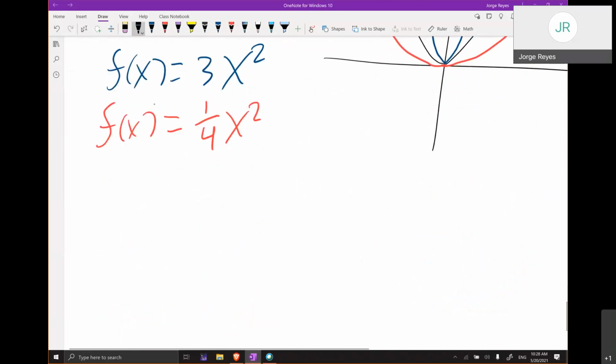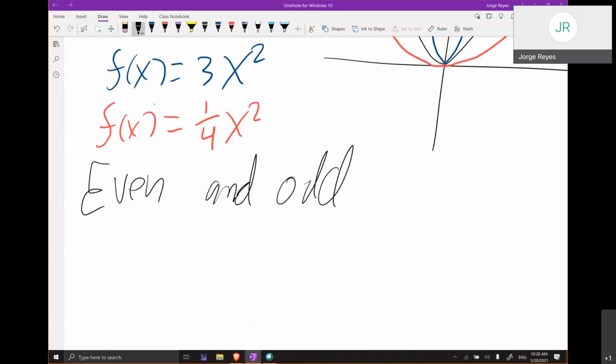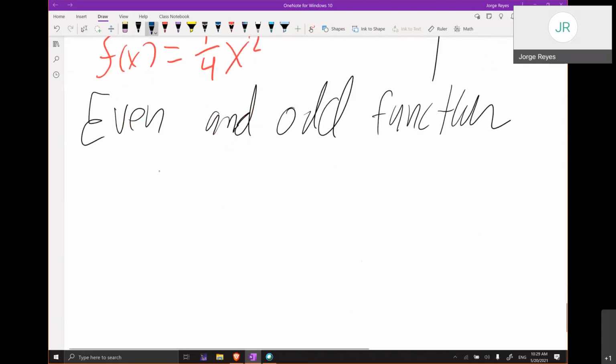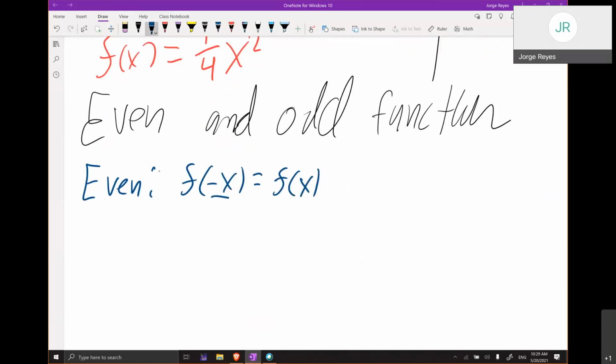Now, I have to introduce the concept of even and odd, which I already kind of have laid the foundation for. So by definition, the fancy math way to do even and odd is: a function is even if when you plug in negative x, nothing happens, or the negative disappears.